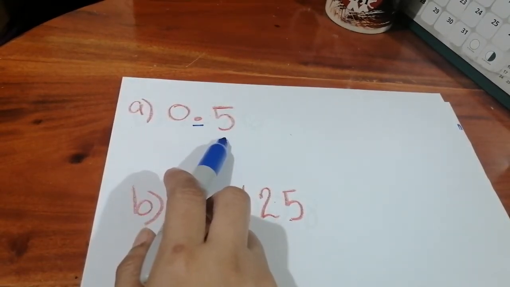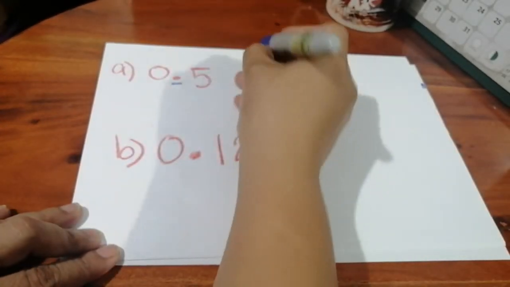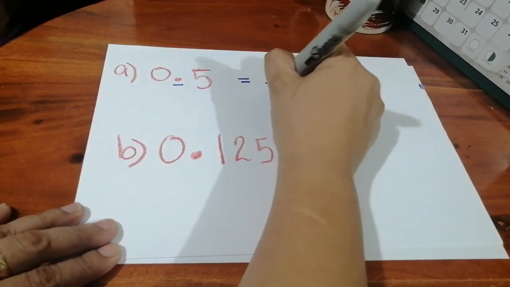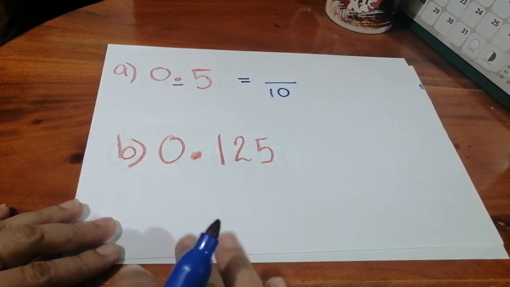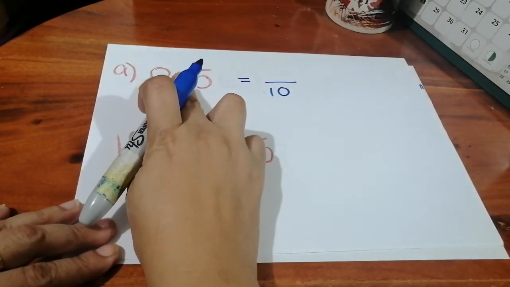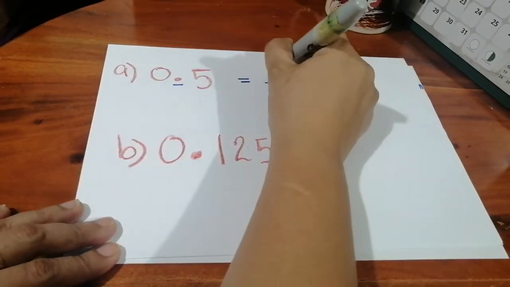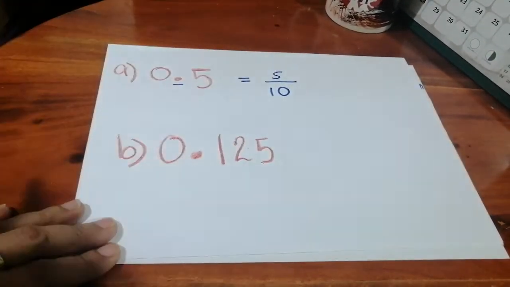There is only 1, so if we write this fraction, there's only one 0 here. So there's 10. And then you drop the decimal point and just copy the digit as a whole number. So the answer here will be 5/10.